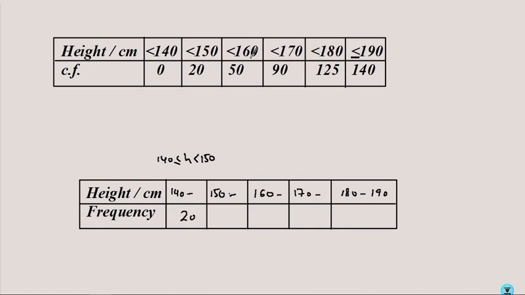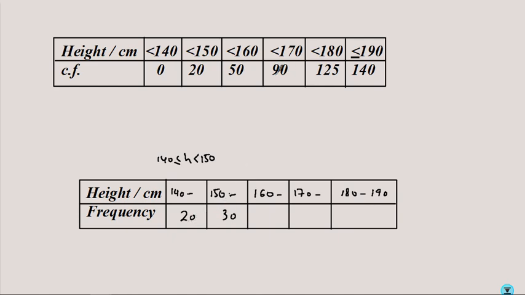Everybody that is less than 160, there are 50 of them, but 20 have already been recorded here. So 50 minus 20 gives us the 30. 90 is the number of people that are below 170. We have already recorded 50 of them, and there are 20 and 30 here.